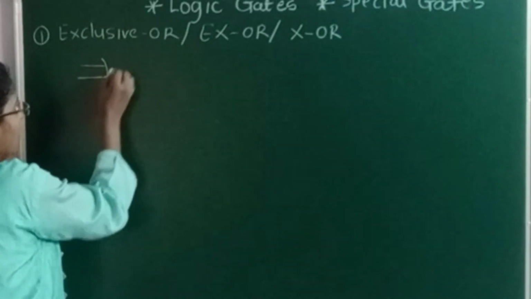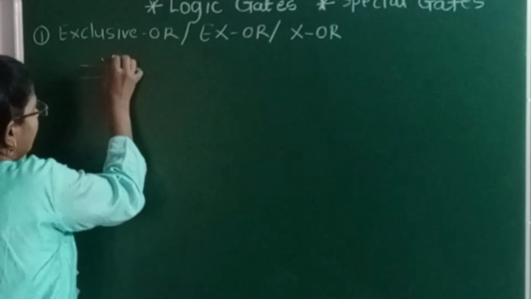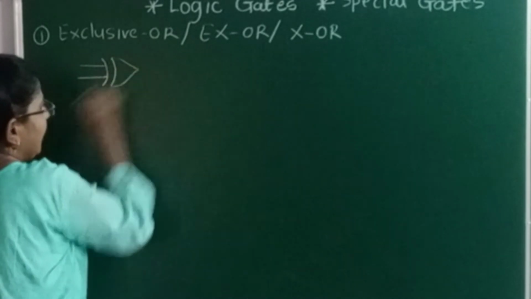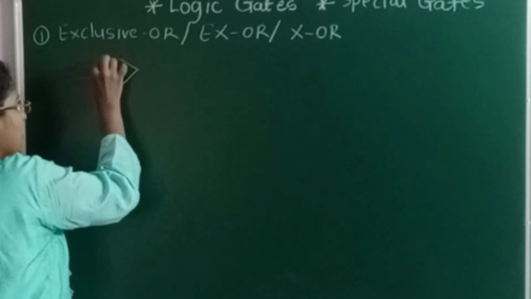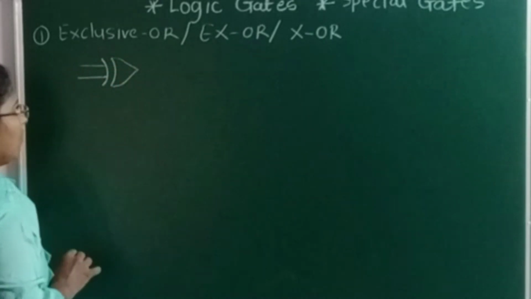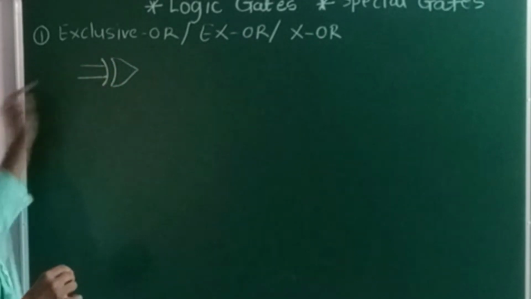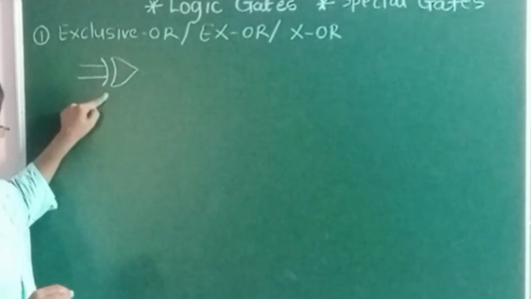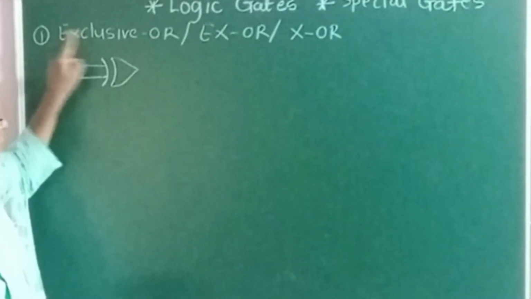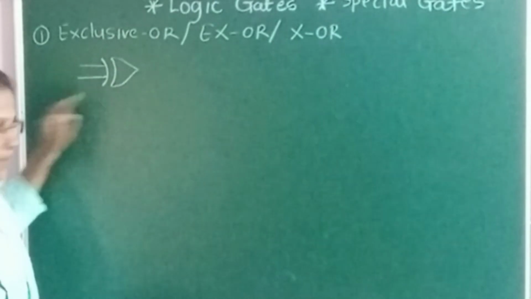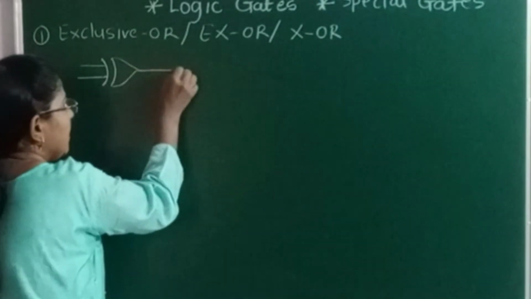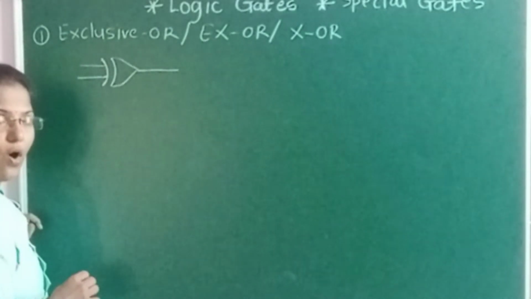First draw the symbol of the OR gate, and then just behind it draw one more curve. So these two curves represent either exclusive OR or exclusive NOR. So this is the symbol of the exclusive OR gate.